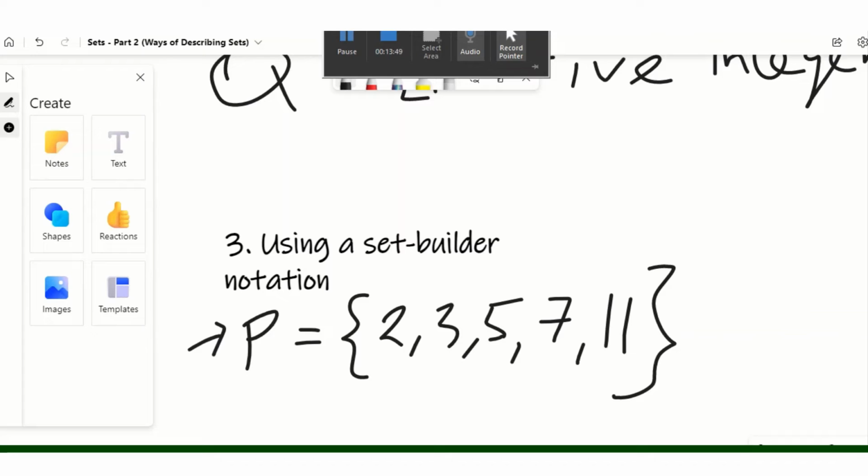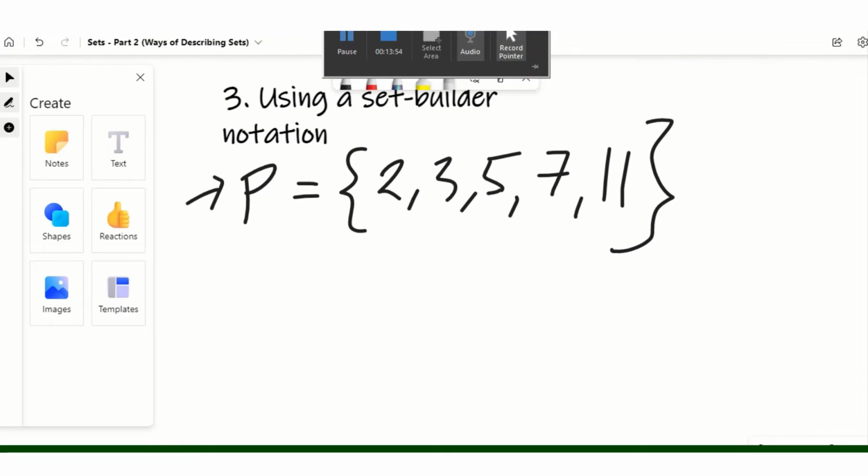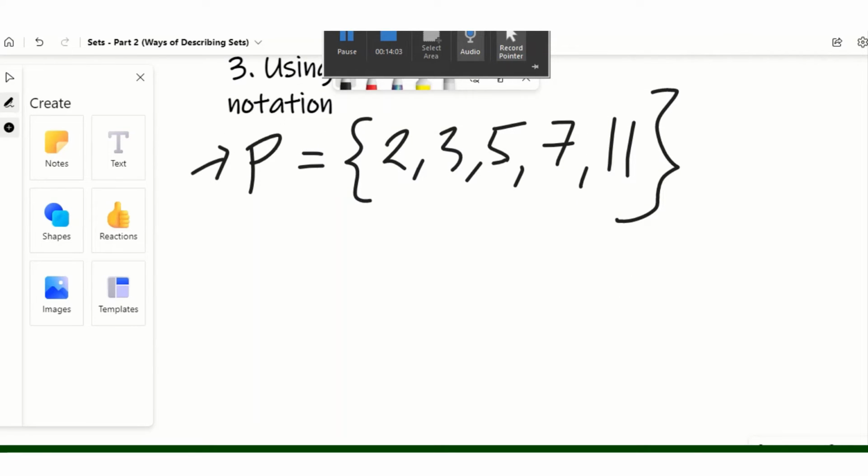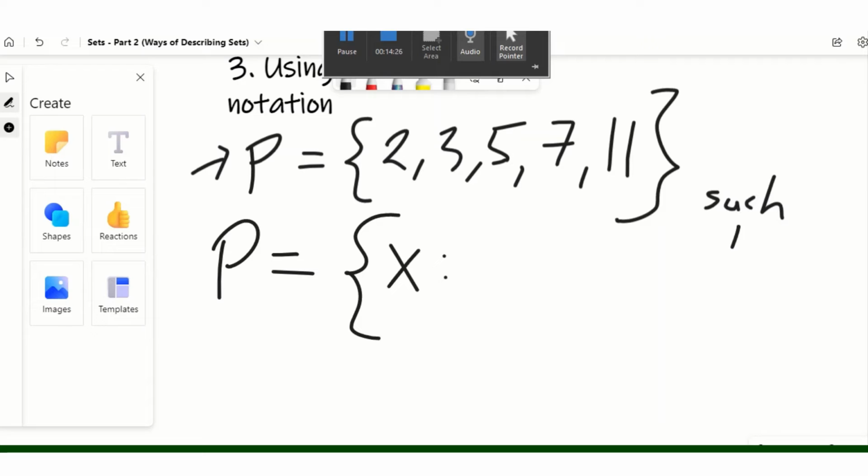Now to do that, this is how we go about it. Let's scroll this up. So using the set builder notation, this is how we write it. P equals {x : 1 ≤ x ≤ 12}. This dot looks like a colon, and in maths we read it as "such that".